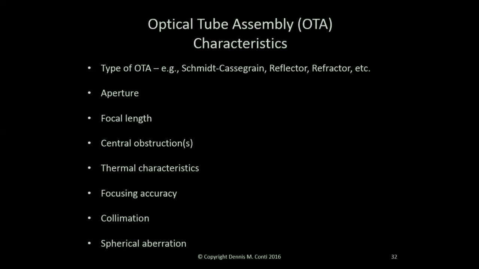And there's the spherical aberration of a telescope, having to do with the telescope's ability to have a very well-defined image across the diameter of the aperture, so that there are not different focus points on different parts of the aperture.